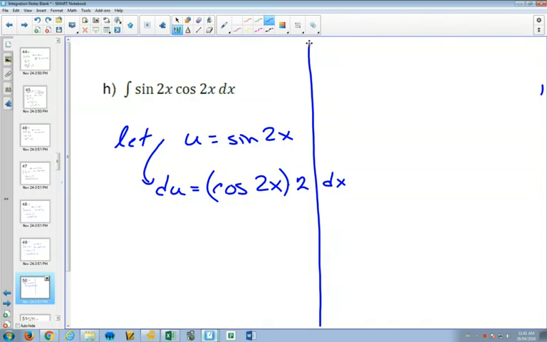So here, I'm taking the derivative. And the derivative of sine 2x is cos 2x, and then the chain rule means multiply by 2. So in order to do my substitution, I'm going to have to divide by 2, so I get just cos 2x dx.